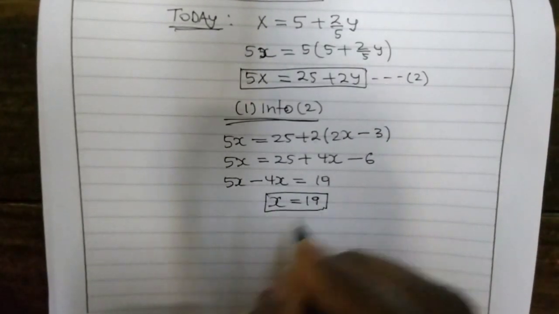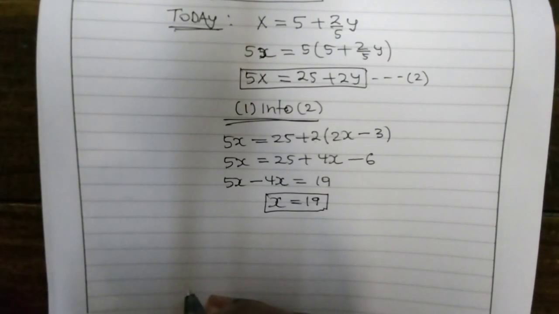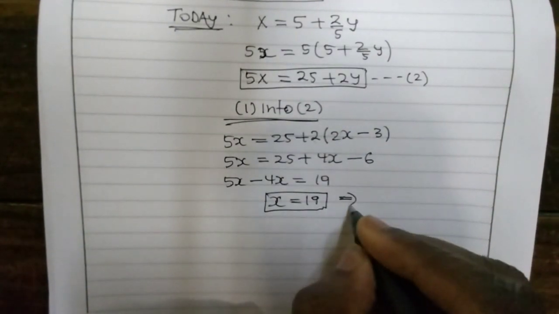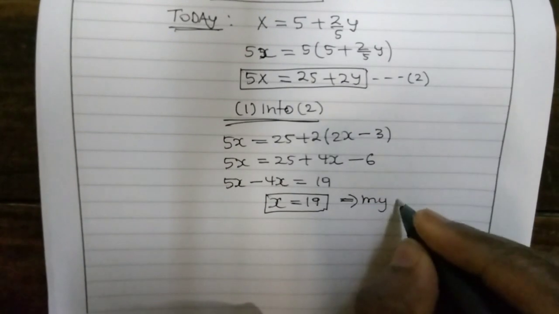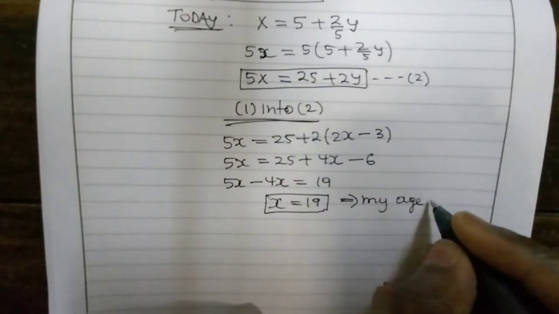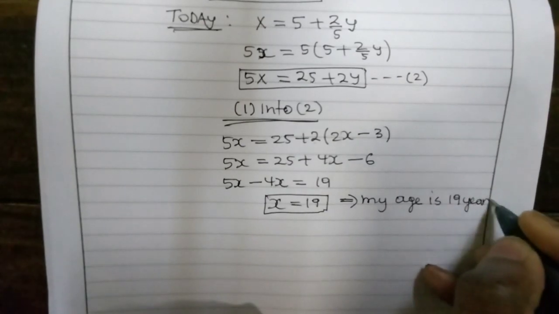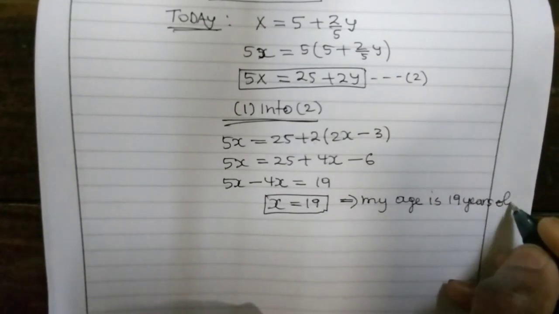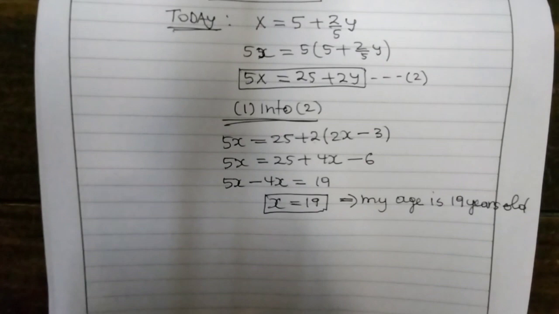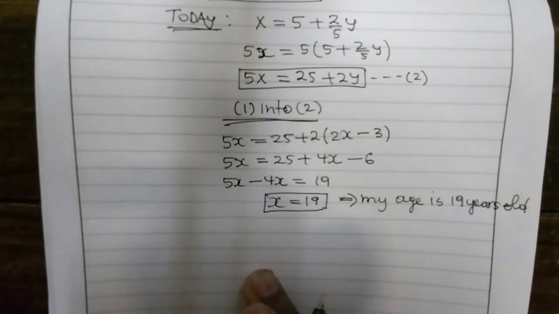Ladies and gentlemen, I found my age. This implies that my age is 19 years old. Having my age, I can determine the age of my uncle.